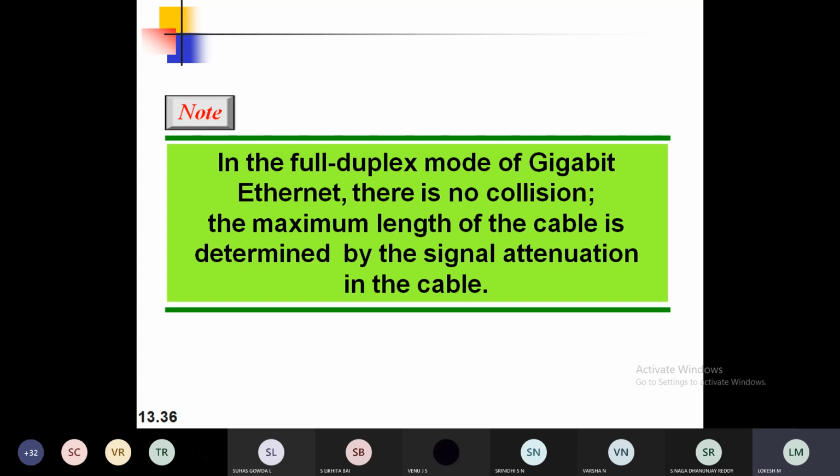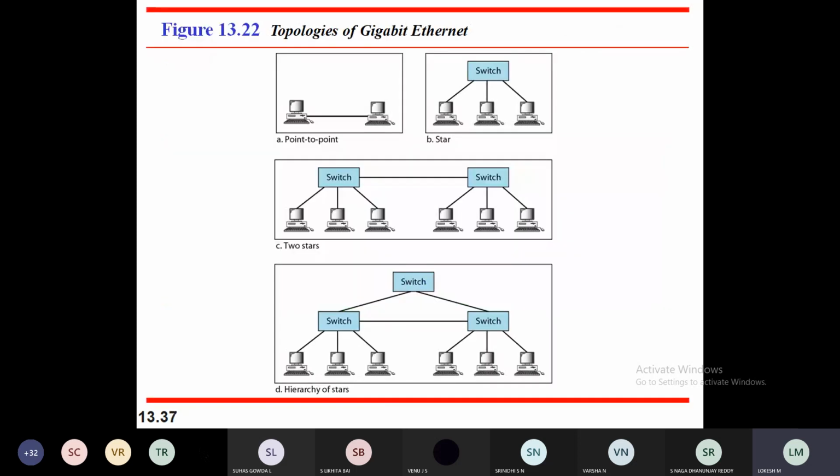The maximum length of the cable is determined by the signal attenuation. Based on that it decides how far this giga Ethernet will be served.